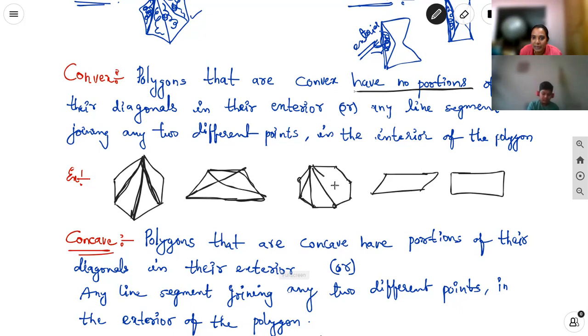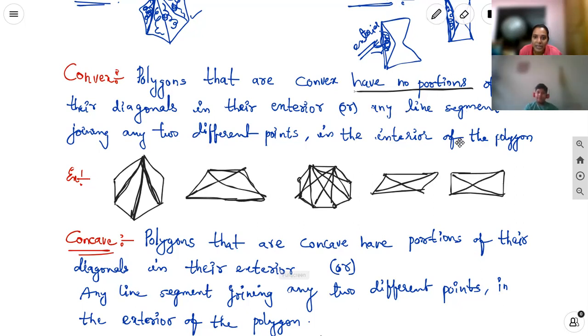Anything you draw will be inside of the figure only, not outside. Such polygons are called convex polygons. A polygon is nothing but a joining of lines only.